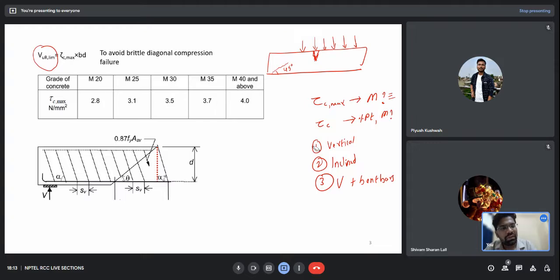Let's first see how we provide these stirrups, or what is the procedure of providing these stirrups. These stirrups are mainly provided in the form of spacing.